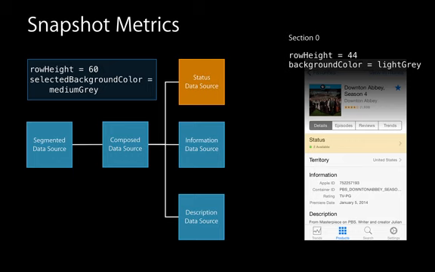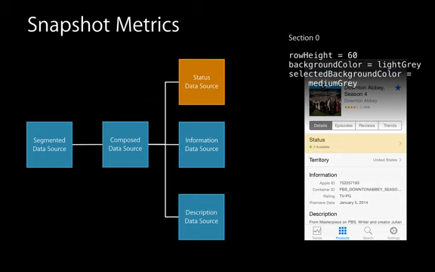Because remember, we do the selection based on the actual color. So we have these overrides for row height, and we have a new attribute for the selected background color. So you can imagine if we had to go through this every time we move the origin of the collection view, we'd get a terrible frame rate.